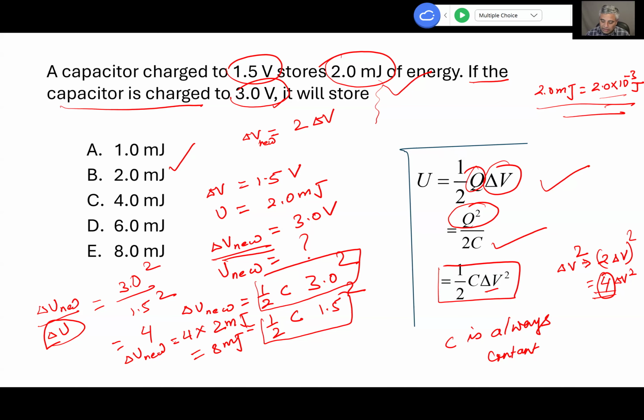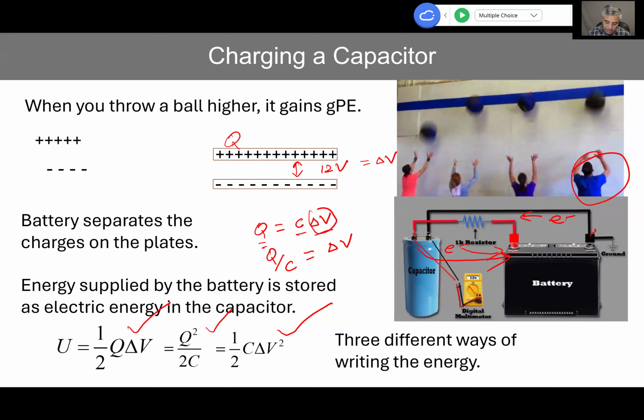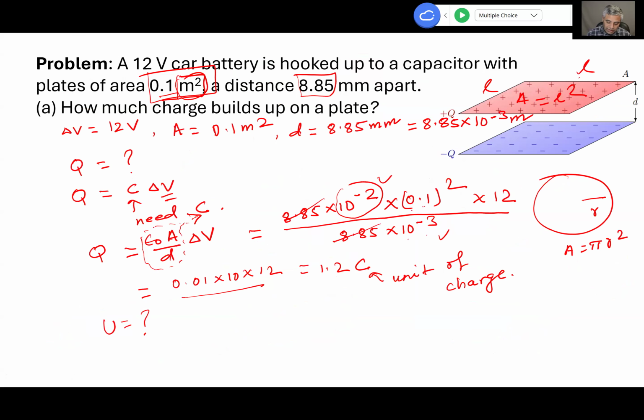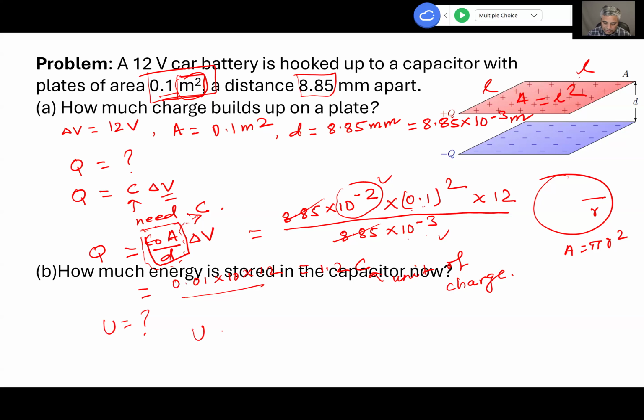And basically, we already calculated C, what was C here? So I think since we found the Q, it is a good idea to just use half Q times delta V. That way we don't have to do the calculation of C again.